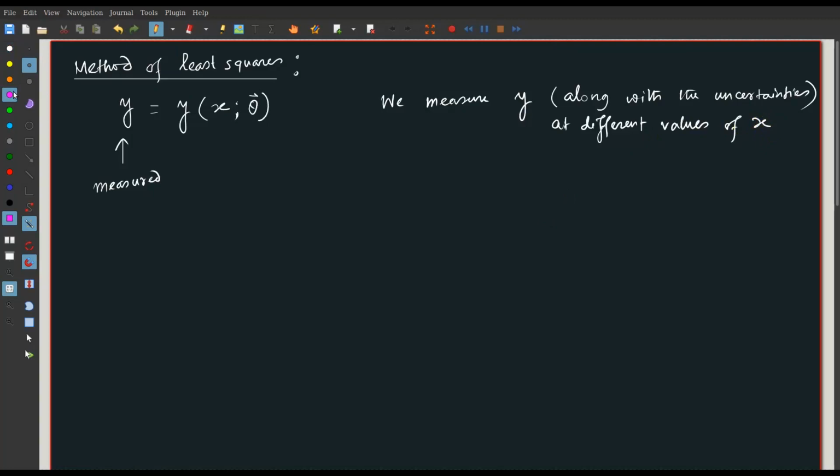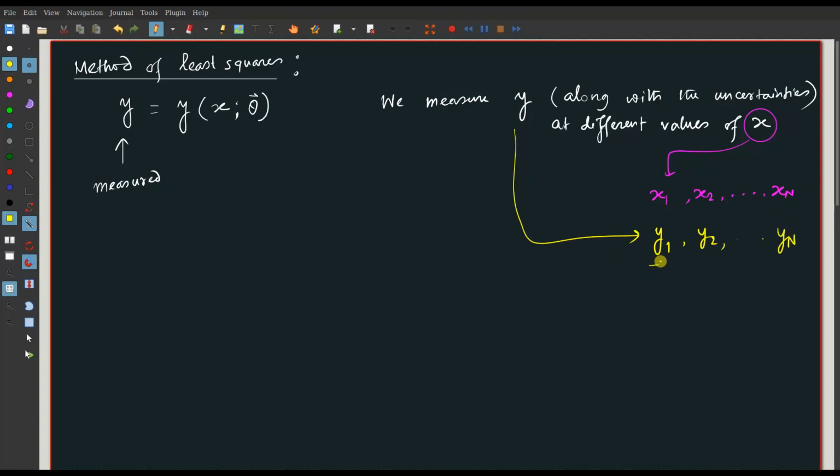Okay, so the different values of x are known. I call them x1, x2, let's say up to xn. Okay, and the corresponding values for this y that you measure are basically y1, y2, dot dot, up to yn, and you also measure the statistical uncertainties in them as well.